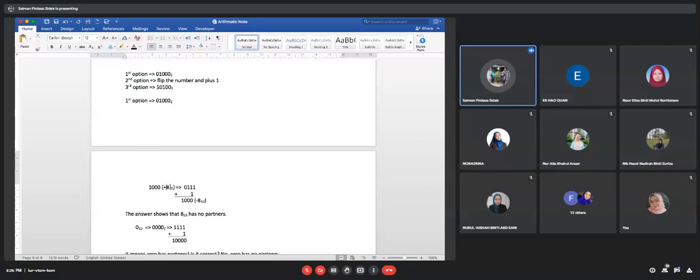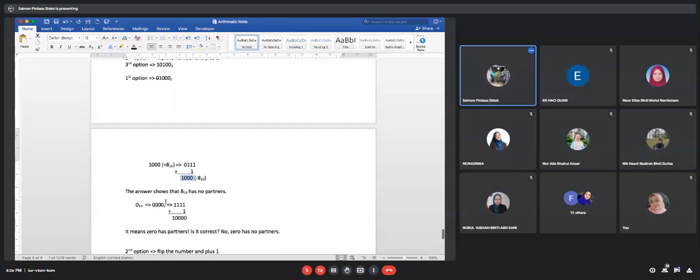Even though in decimal we have positive 8 and negative 8, in binary there is no difference. So the answer shows that 8 base 10 has no partners. That is the rationale why we try to avoid the first option.